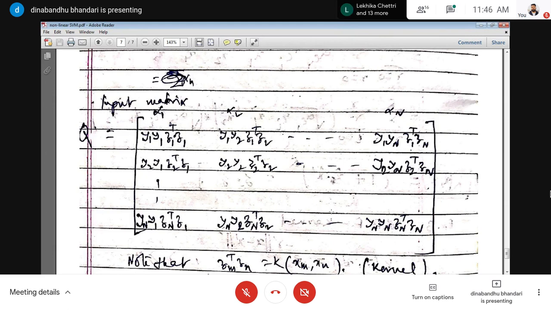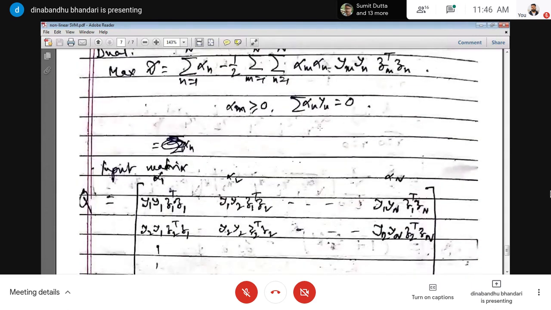Positive semi-definite means one way to find out is that all the eigenvalues of this matrix are greater than or equal to 0. So if it satisfies, then this kernel is a valid kernel for the data set you got. That is called Mercer's condition.